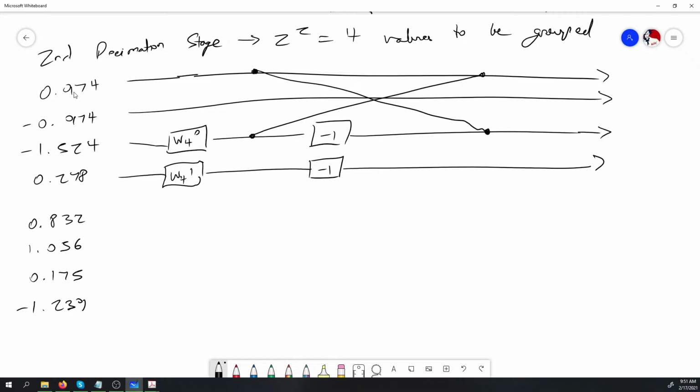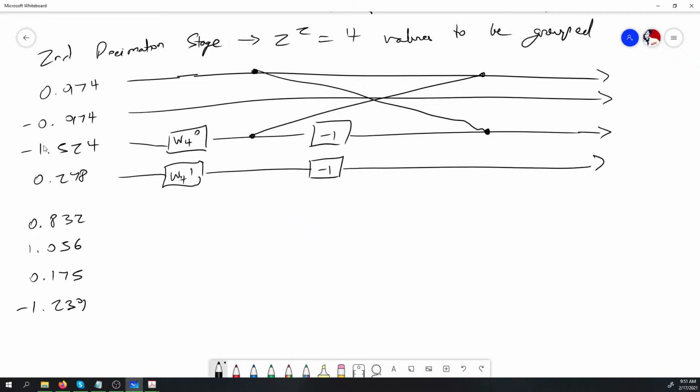So this 0.974 is going to be going across here. And then we have negative 1.524 multiplied by W4 of naught going across here to be added to the 0.974.